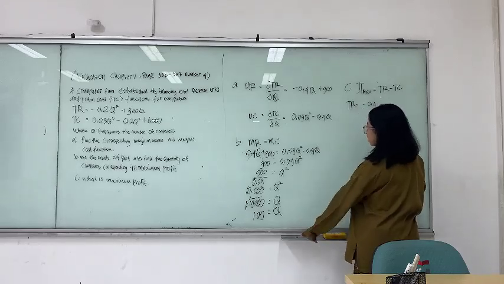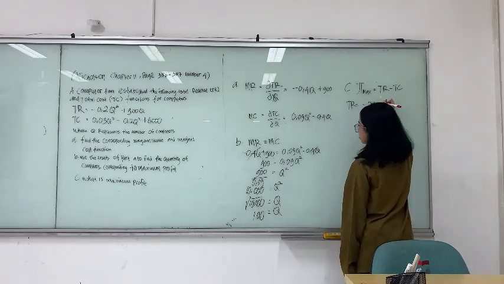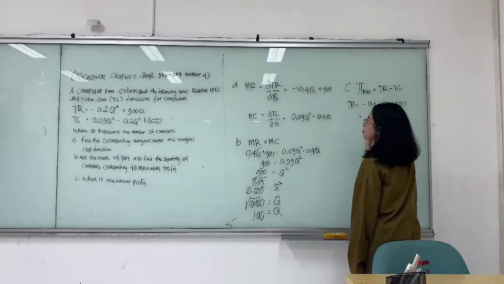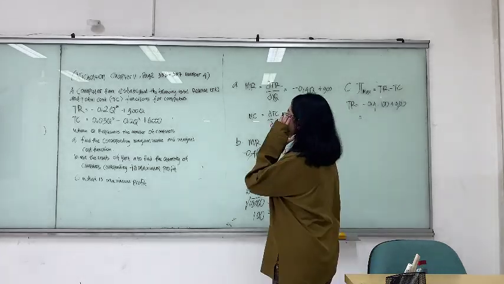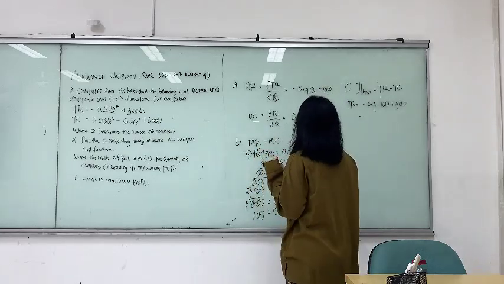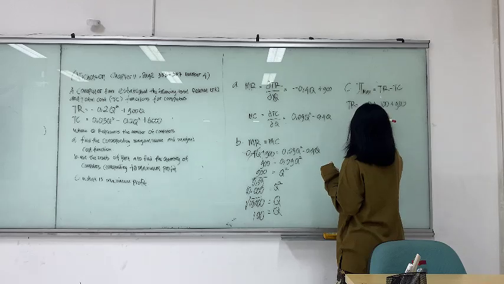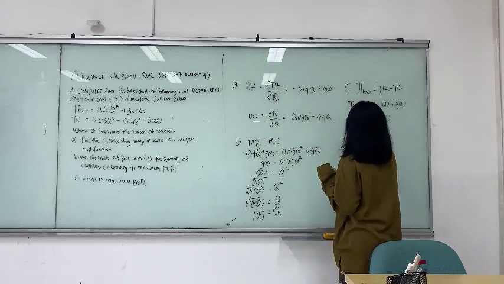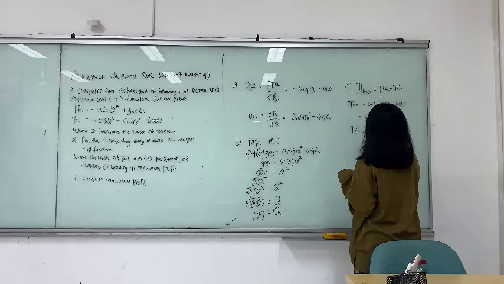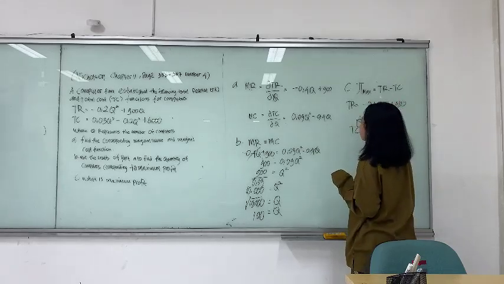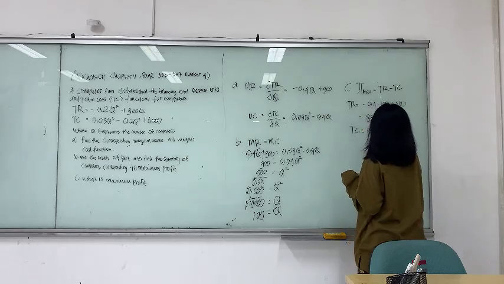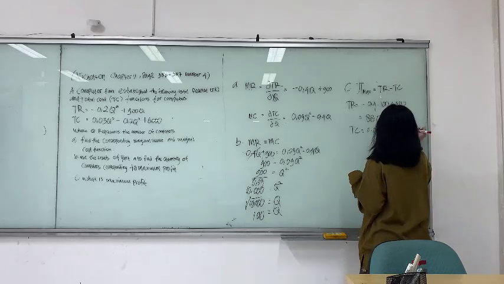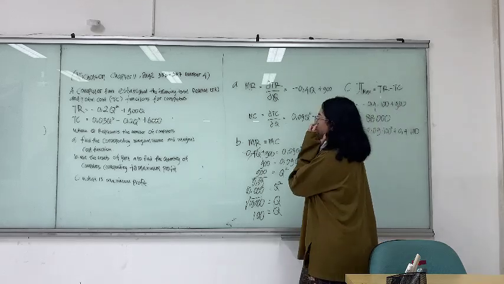We put it in Q. So the result is... the second is DC years. So this is the result.